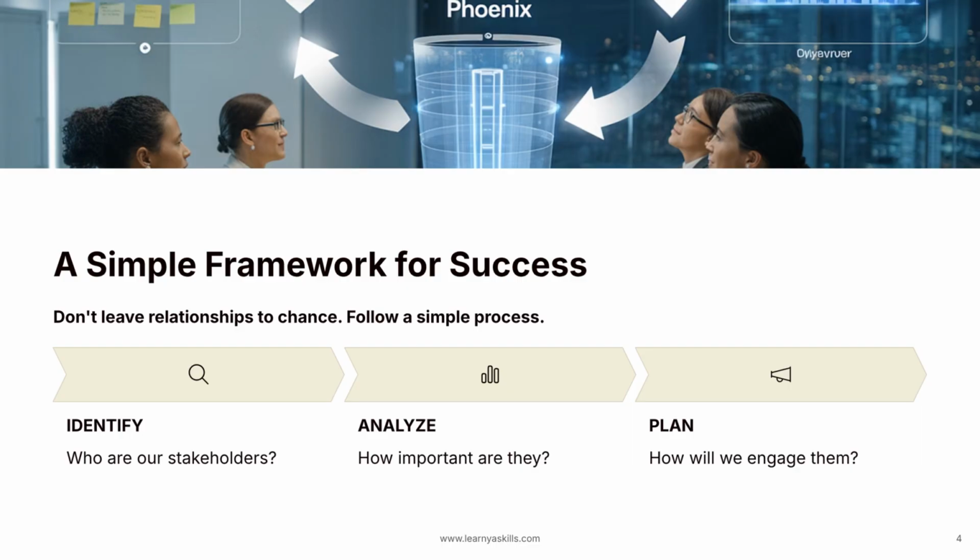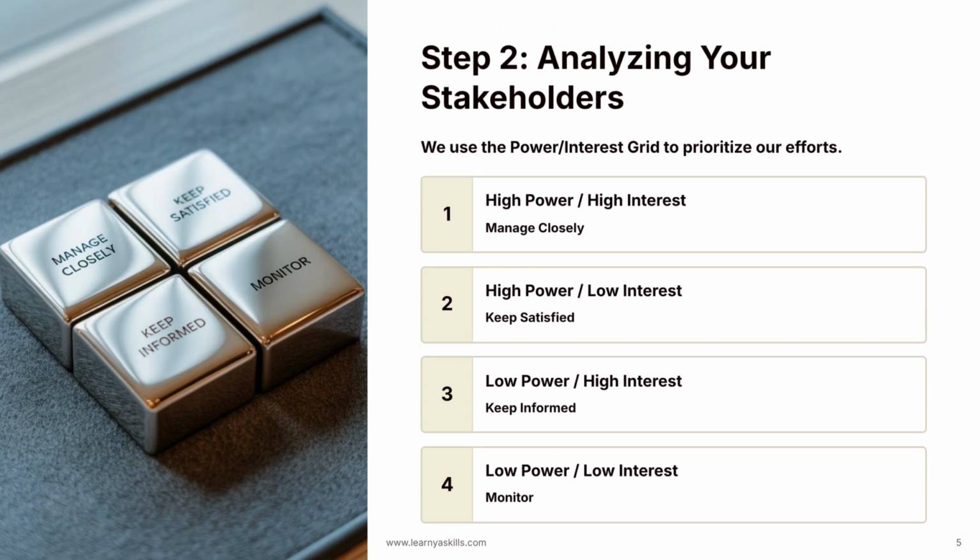This is where we prioritize them to figure out who needs most of our attention. And step 3 is to plan. Based on our analysis, we create a specific plan for how we will communicate and engage with each stakeholder group. Identify, analyze, plan.